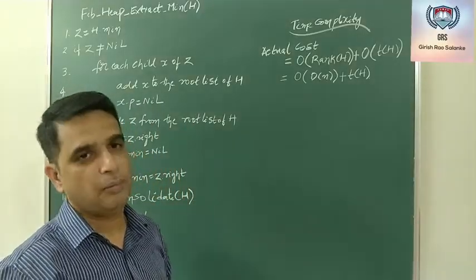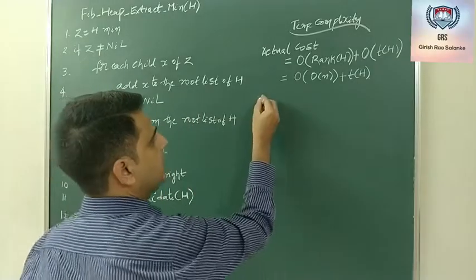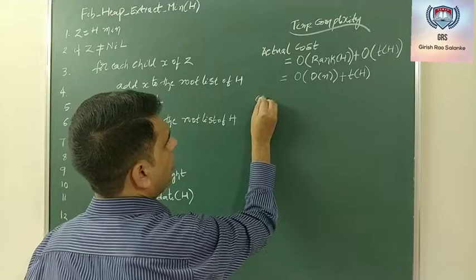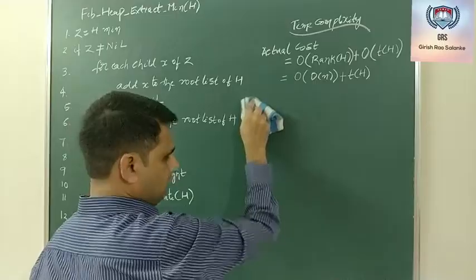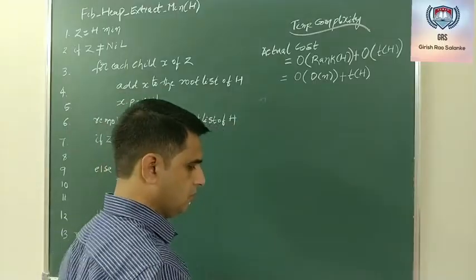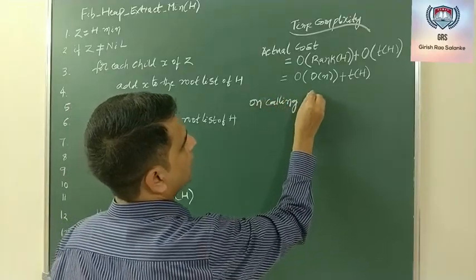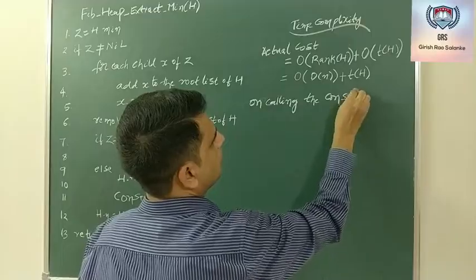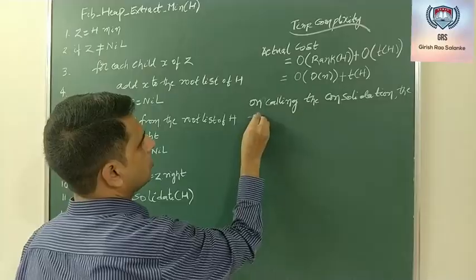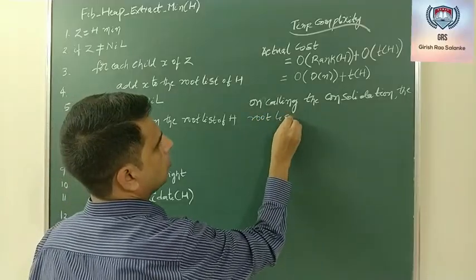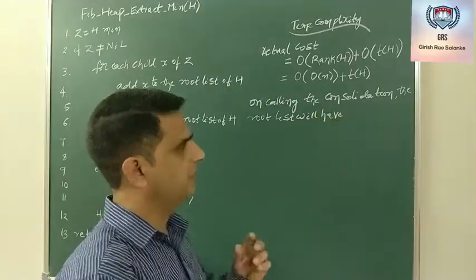Now coming to the amortized cost, we need to find the difference in the potential. On calling the consolidation, the root list will have how many trees?